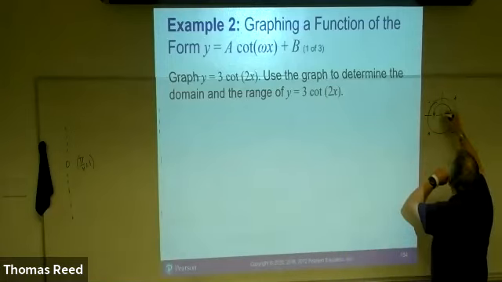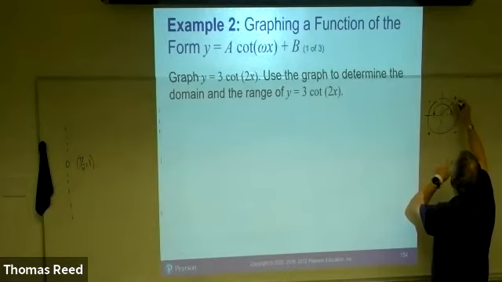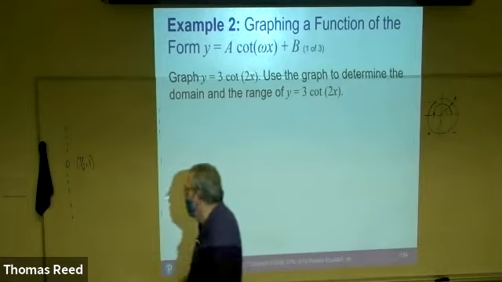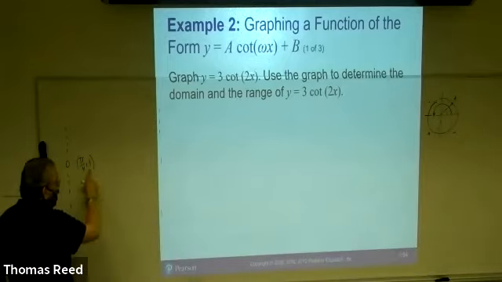The pi over 4 is here, and that's x over y. And for pi over 4, cosine and sine have the same value, so square root of 2 over 2 divided by square root of 2 over 2 is 1.